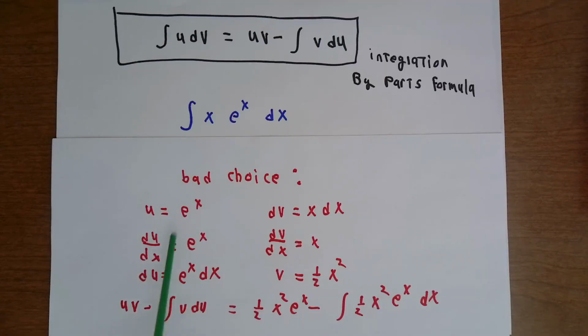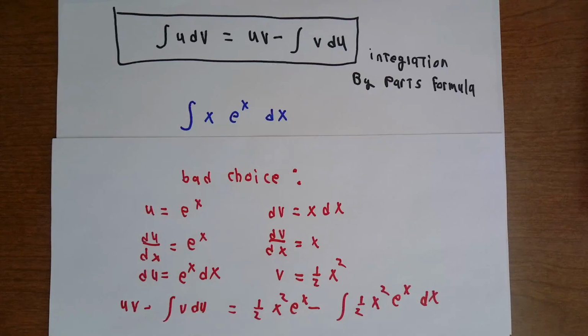U times v, I'll take this quantity and multiply it by that one, minus the integral of v, which is 1/2 x squared, times du, which is e to the x dx.